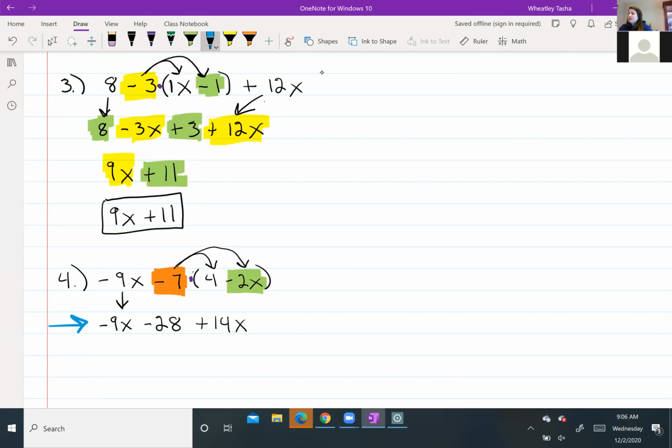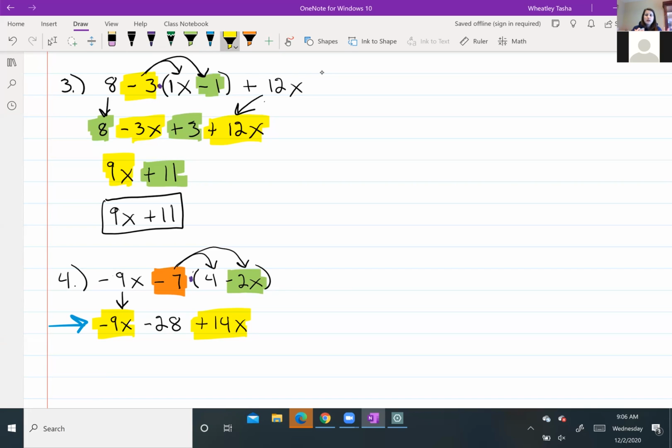Okay, so thanks to those of you that answered. There actually is one more step that we need to do, and we need to combine -9x with positive 14x because those both have x's. So I have to simplify it as much as possible. If I combine those, think in terms of money, if that helps you, if you're doing it in your head, but then you can always check it on a calculator.